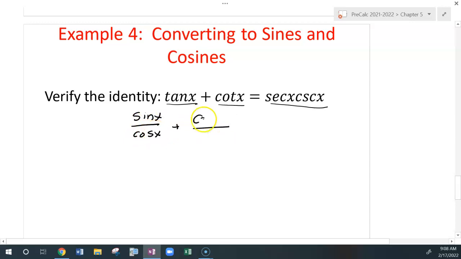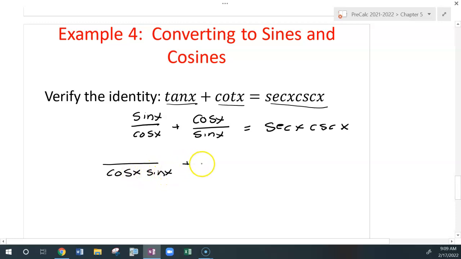Cotangent of x is cosine x over sine x. And that's going to equal secant x times cosecant of x. Let's get a common denominator. And my common denominator is going to be cosine x, sine x.